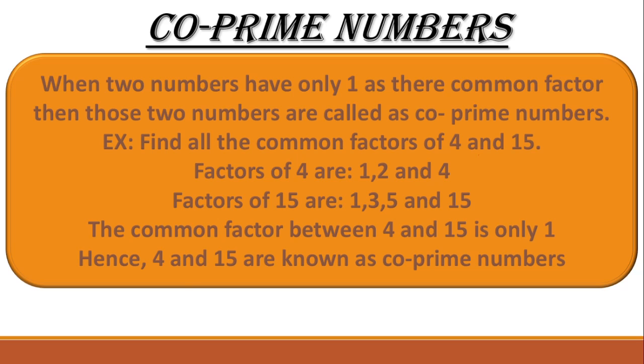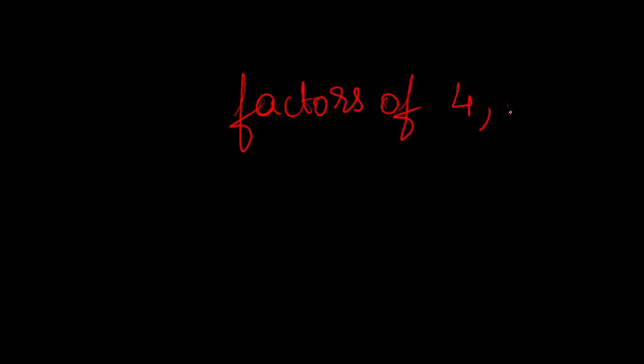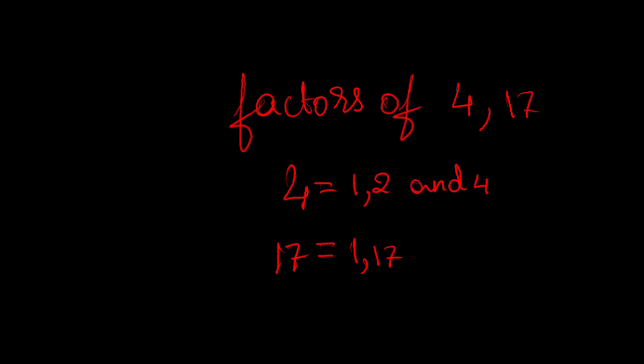Now let's take the factors of 4 and 17, and see if these are coprime numbers or not. The factors of 4 are 1, 2 and 4. And for 17 it is 1 and 17 itself.